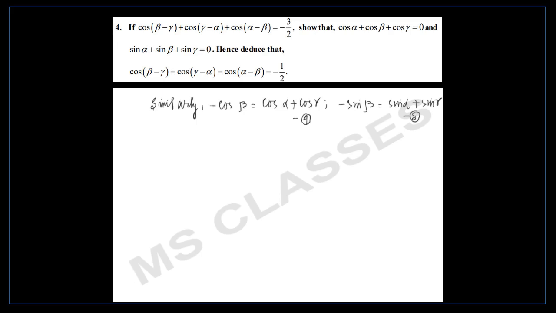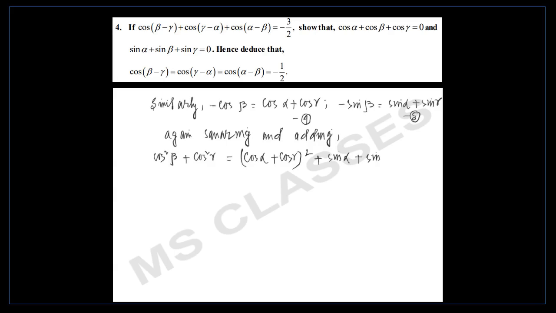Again squaring and adding, we can eliminate beta and we can take cos square beta plus sin square beta equal to cos alpha plus cos gamma whole square plus sin alpha plus sin gamma whole square.